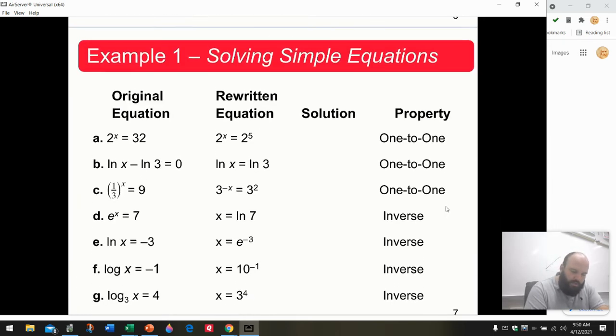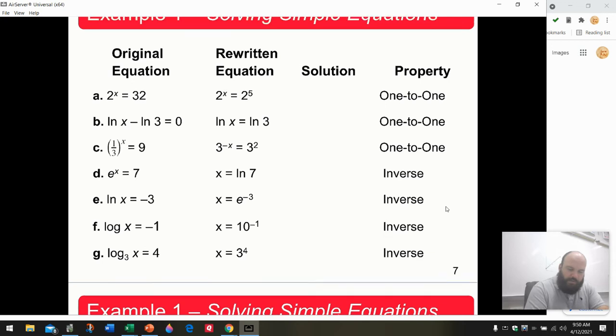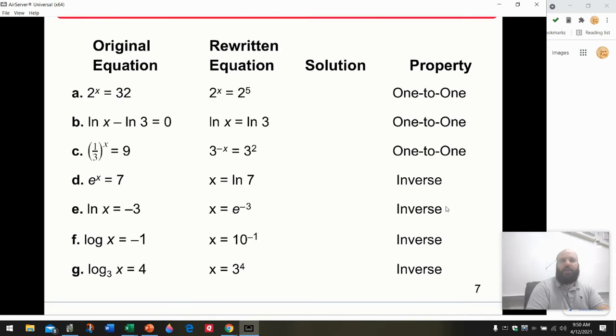So let's use both of these properties here to do a little bit of solving. So the first one you can see, we have 2 to the x power is equal to 32. Now, the trick to utilizing the one-to-one property is to rewrite this 32 so that it is also a power of 2.